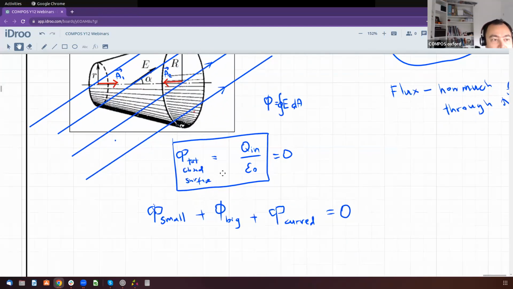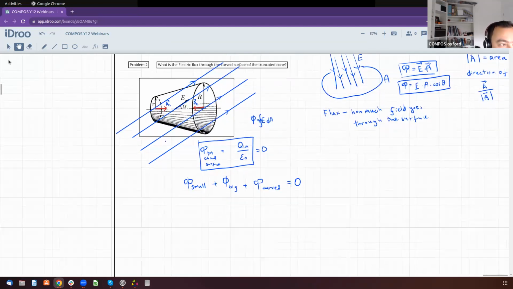All right. So the small flux is E times A1 multiplied by cosine alpha, plus for the big circle, it's the electric field times A2 times cosine.